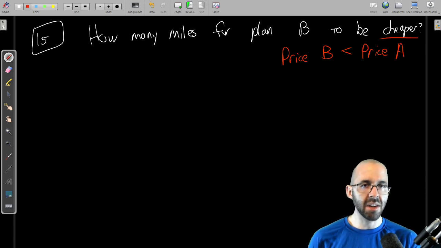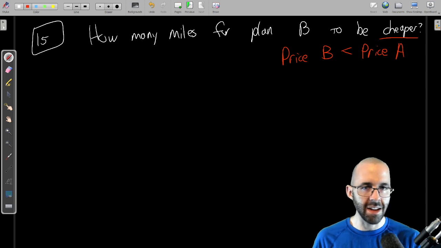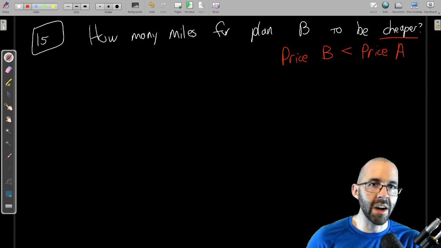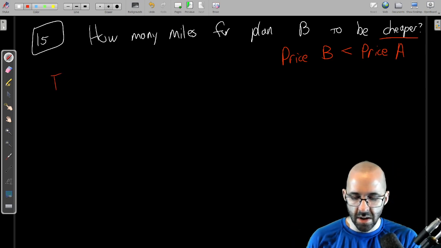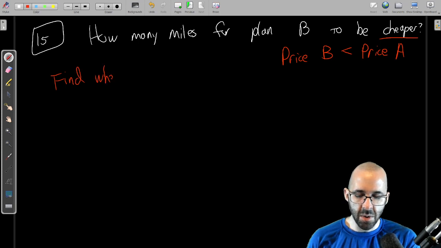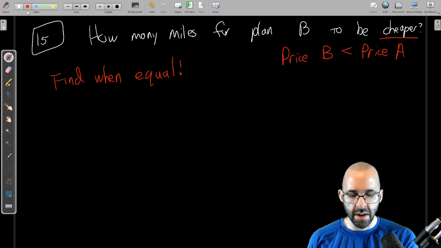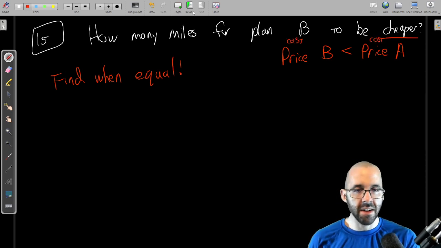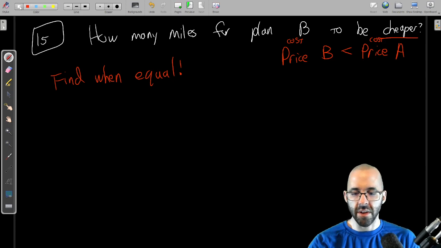Because something can only switch from greater to less than where they cross, where they're equal. So find when they're equal. And again, this is going to be the cost. So, okay, let's set these cost functions equal to each other.